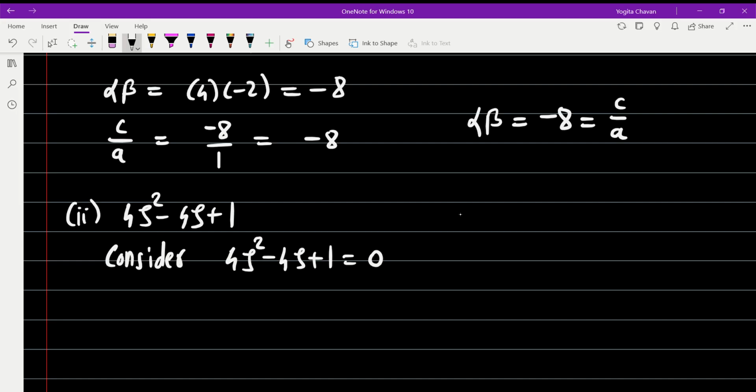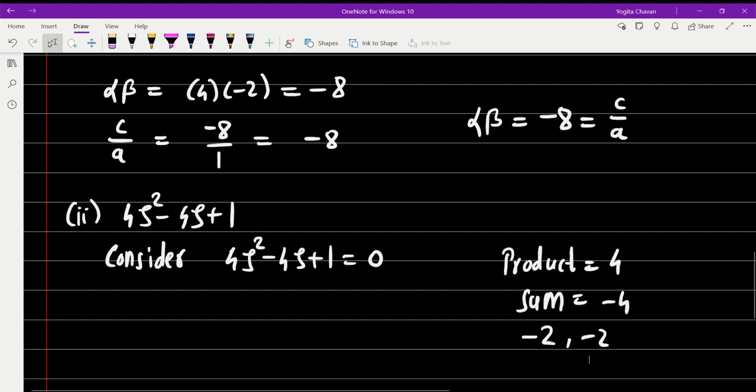So find two numbers whose product is constant term into coefficient of s square. So product we need is 4 and sum is equal to minus 4. So these two numbers are, I think, minus 4, no, minus 2, okay, minus 2, because product of minus 2 into minus 2 is 4 and their sum is minus 4.